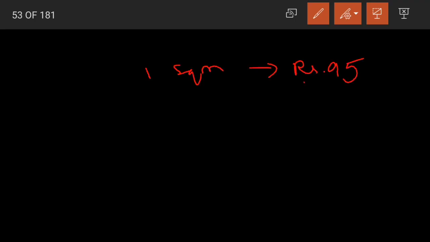What is the amount? The amount is 95 rupees. Now how many square meters of area do we have here? We have 64 square meters. The area of the wall is 64 square meters. Now to paint these 64 square meters of wall, how much money do we need?